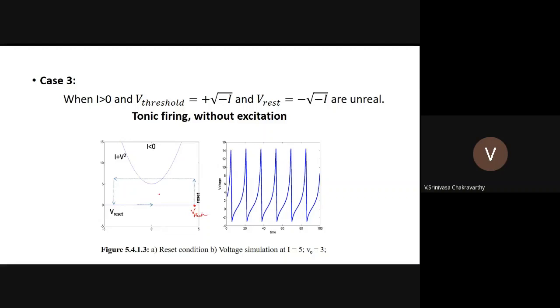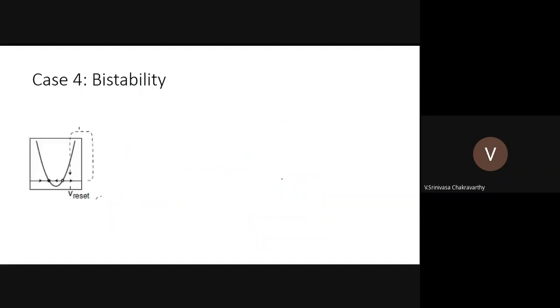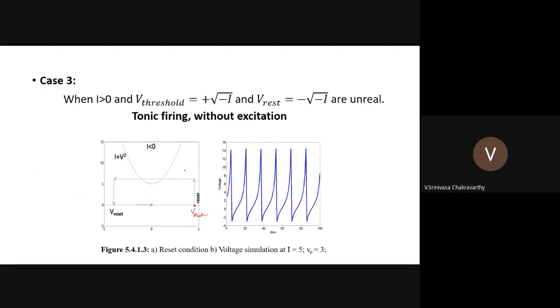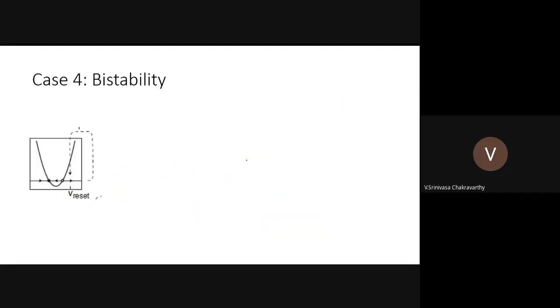When you reset here, it will go to V reset and climb back again. So this neuron will keep on firing. You don't have to give any pulse, nothing. It just keeps on firing forever. And something interesting happens. We have already seen this, right?